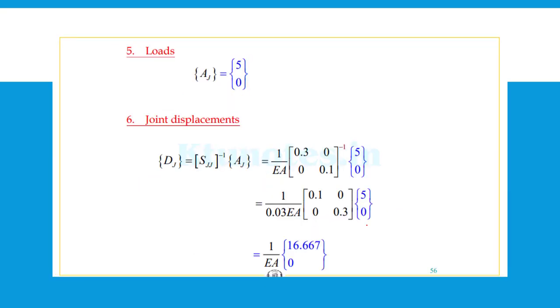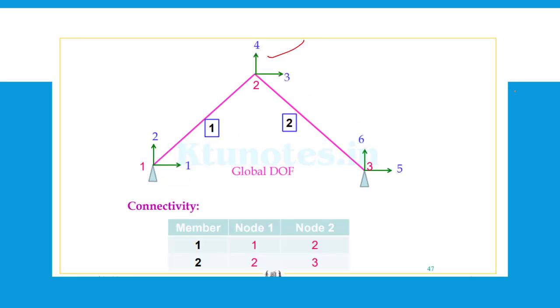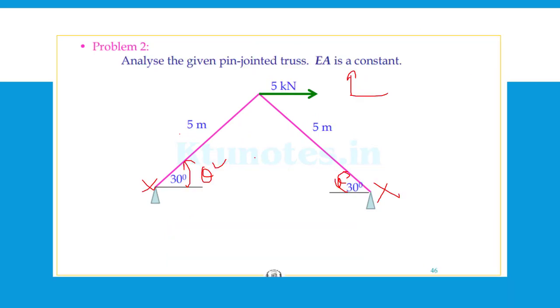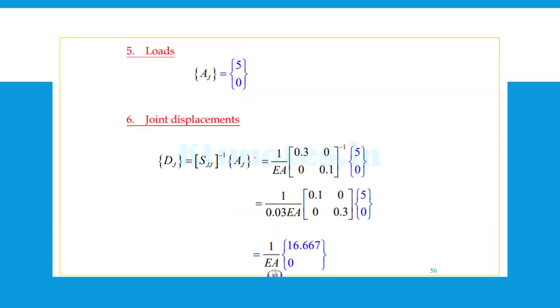AJ is equal to 50. So here the load will be at this point, horizontal. We have this coordinate, no? Like 3 and 4 will be horizontal and vertical. 3 will have some value, 50, and 4 will be 0. So it will be correctly 50.